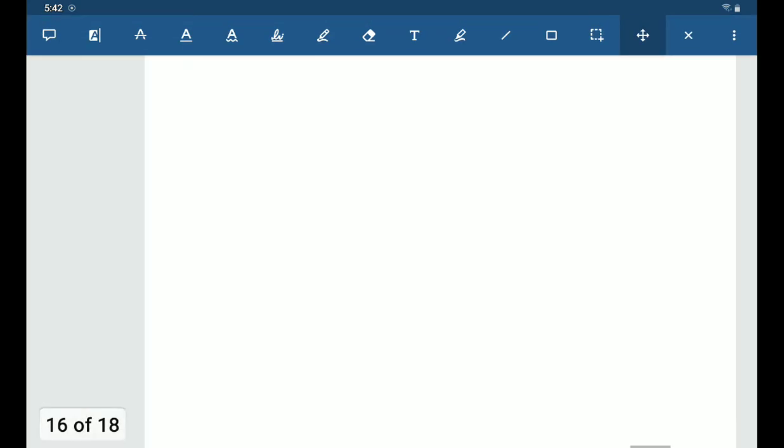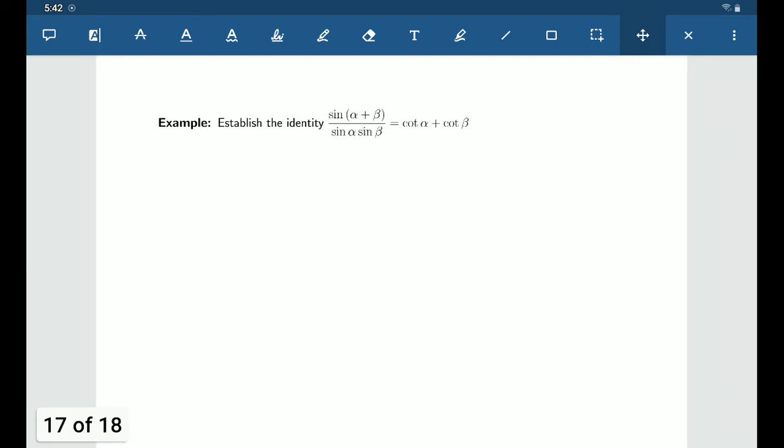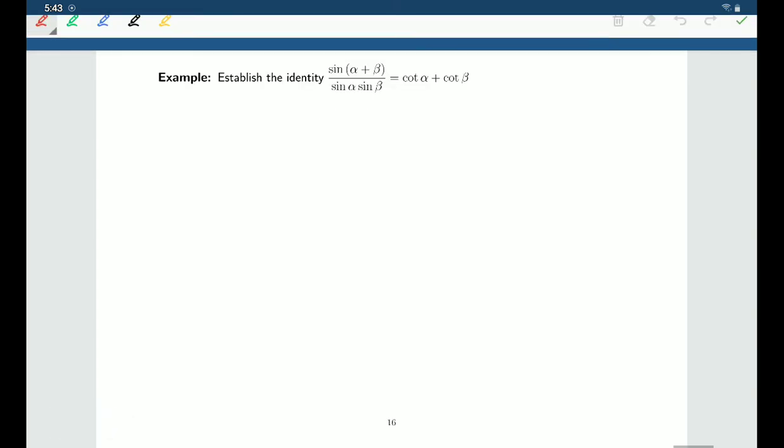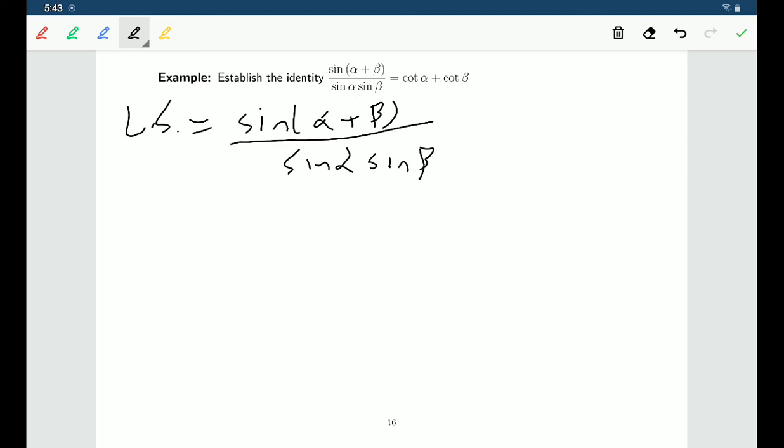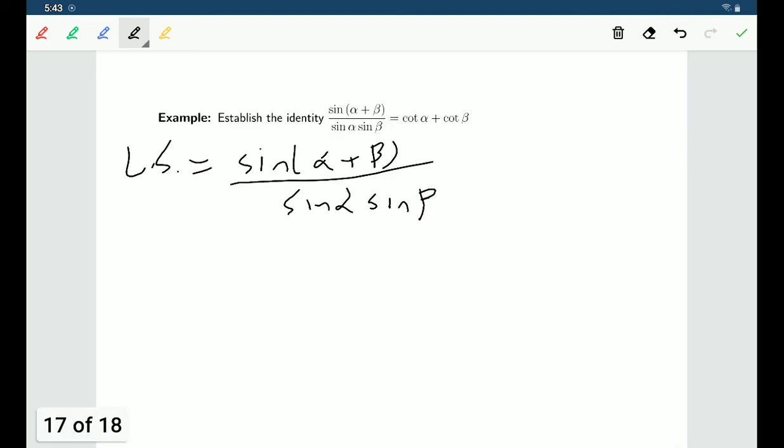Let's do one more. We have this identity, sine of alpha plus beta over sine alpha sine beta, turns into a couple of cotangents. Again, I'm going to start with the left side of my equation, because here I can see sine of alpha plus beta, and I know I can apply the angle sum identity for sine.